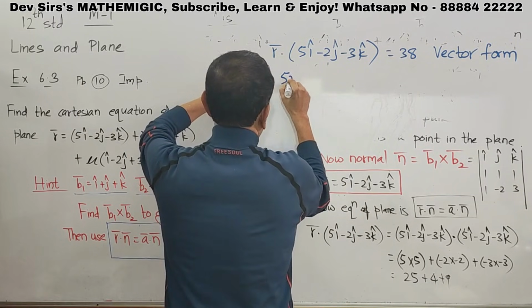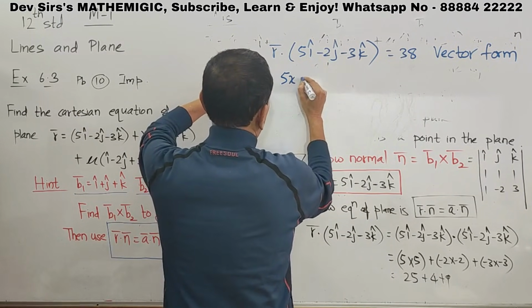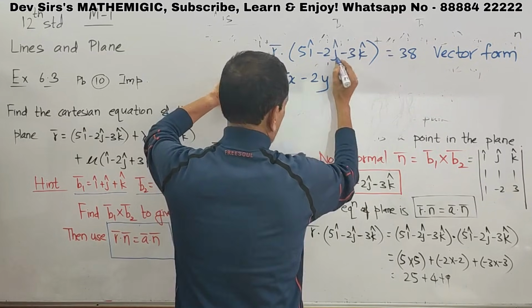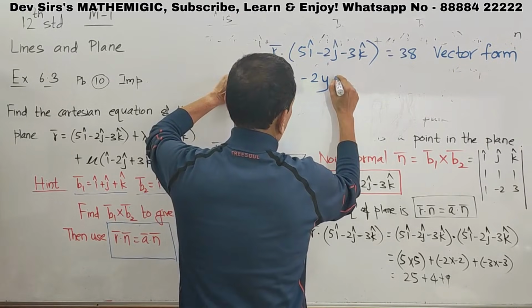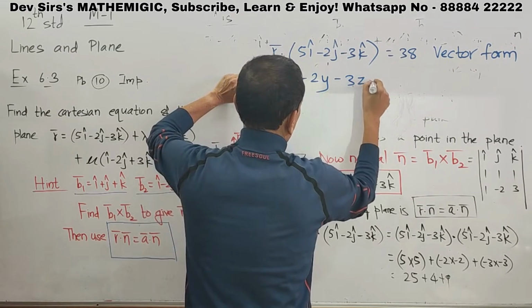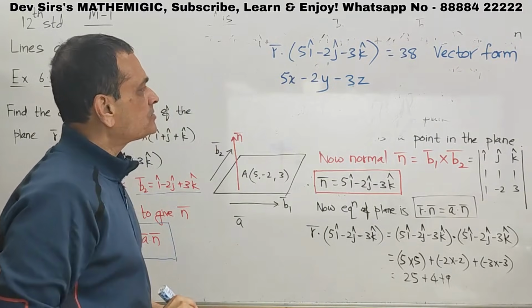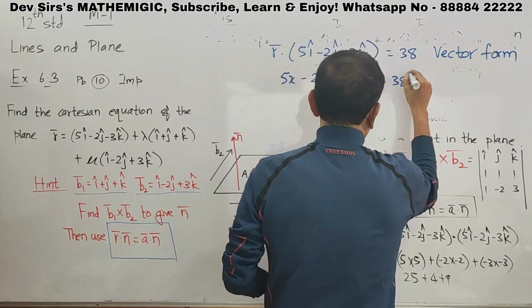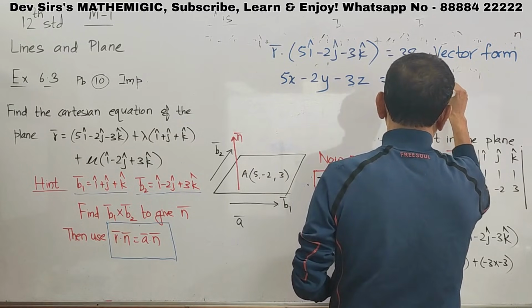5x in place of i, x. In place of j, y. So 5x minus 2y minus 3z equal to 38. This is Cartesian form.